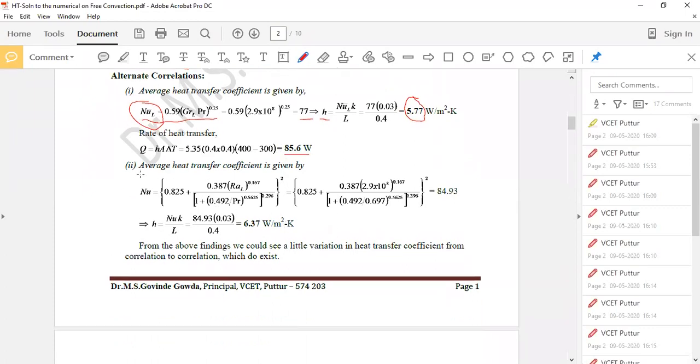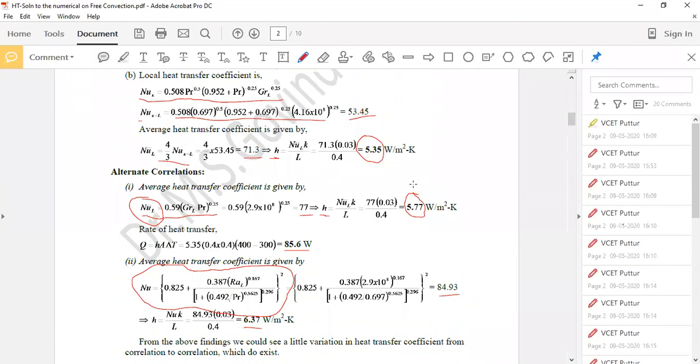One can also use another correlation for getting the average Nusselt number for a laminar region, and this correlation one can also use. And if you use this, you will get this average Nusselt number as 84.93, and hence average heat transfer coefficient is obtained to be 6.37.